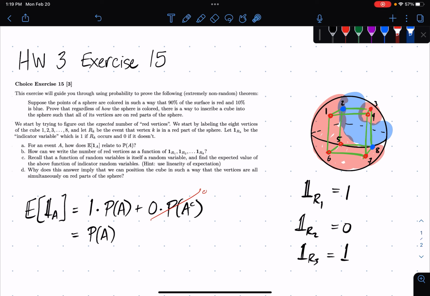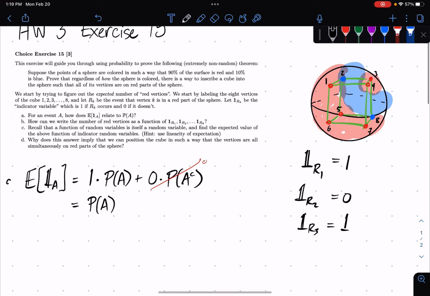Okay, next we want to write the number of red vertices. And we have this really handy way of doing it. Look, it's 1 if it's red and 0 if it's not. So if we just add up all of these indicator variables, we're going to get 1 plus 0 plus 1 plus 1 plus 1 plus 0 plus 1 plus 1. Of course, you'd probably do it in a more systematic order.